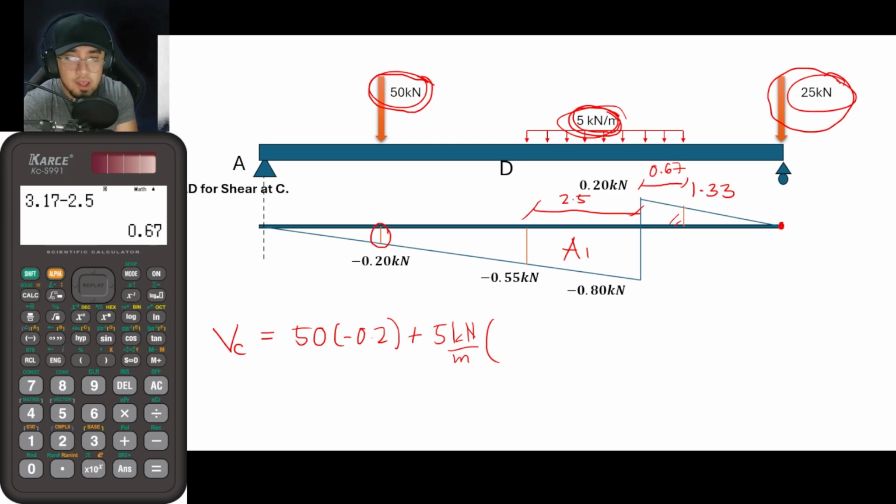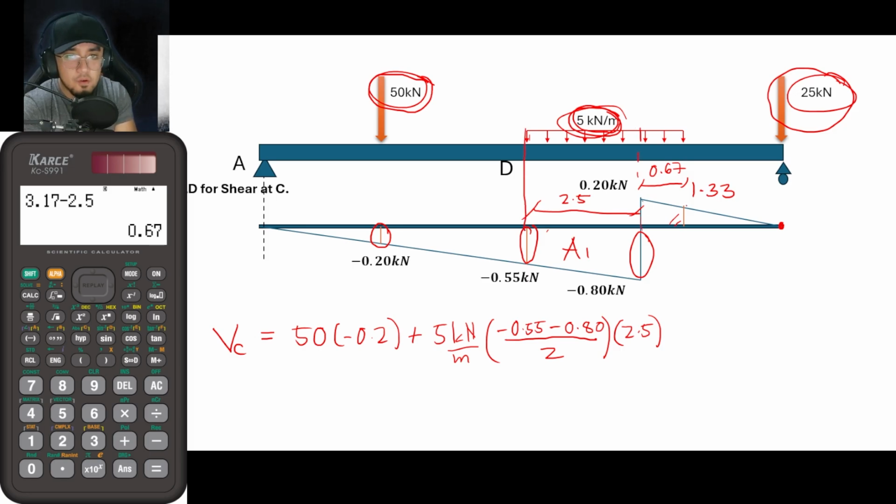So again, the area for area 1 is the average of these two heights times the length. So that is negative 0.55 plus negative 0.8 divided by 2 times the length of 2.5. Okay, so that is for this particular effect, for this projection here.